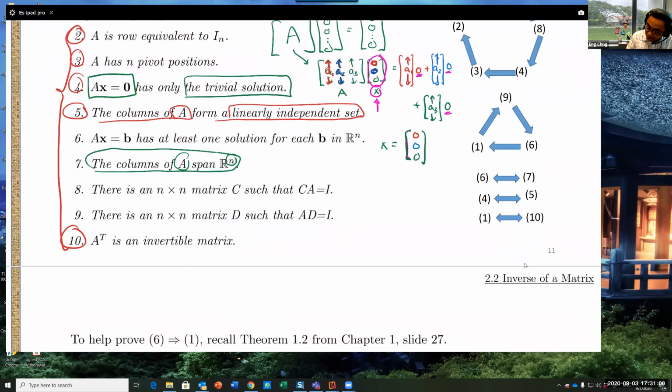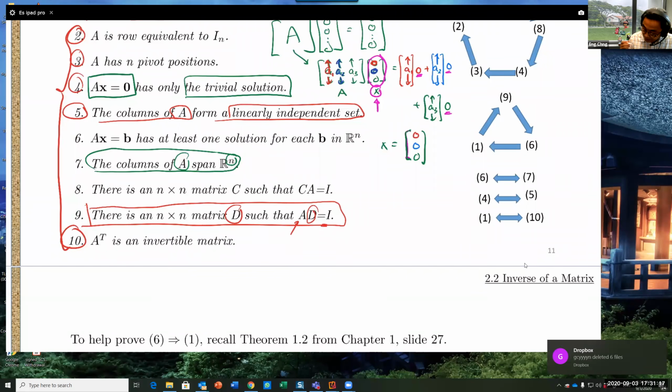There is a matrix D, right multiplied by the matrix A. So A is an invertible matrix when A multiplied on the right-hand side by another matrix gives you I. Interestingly, he says that C, if you left multiply, is also okay. In fact, you realize that C and D are the same matrix. All right, but never mind, let's proceed.